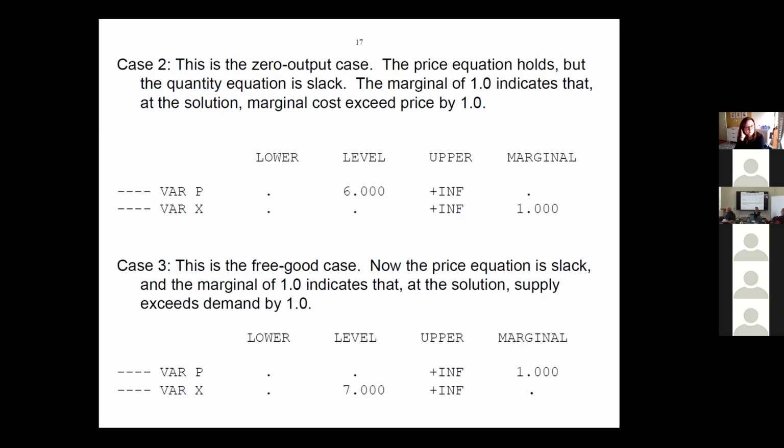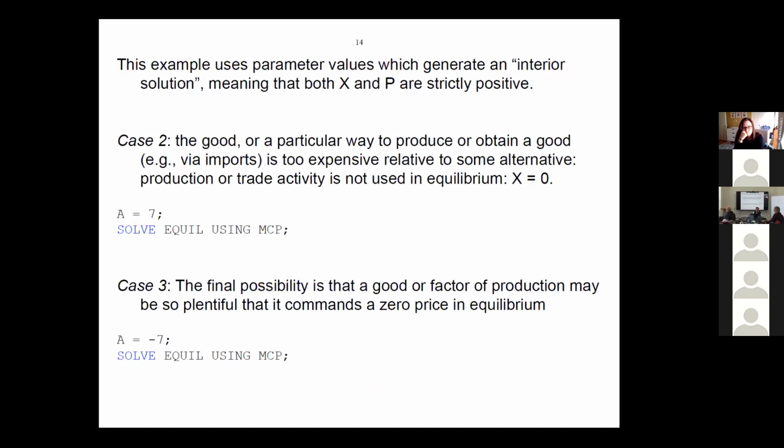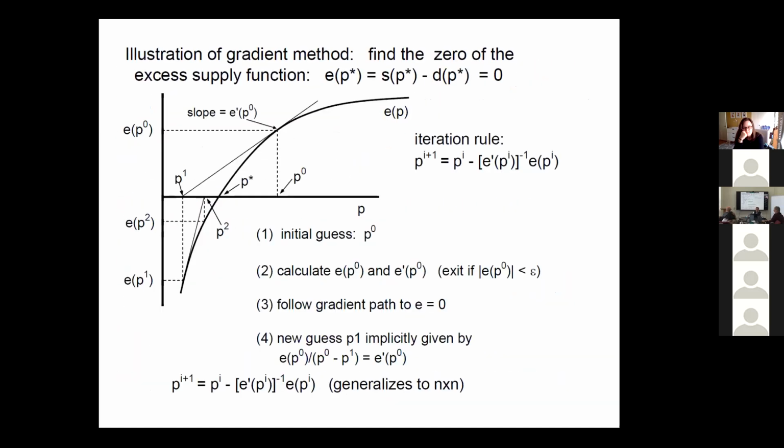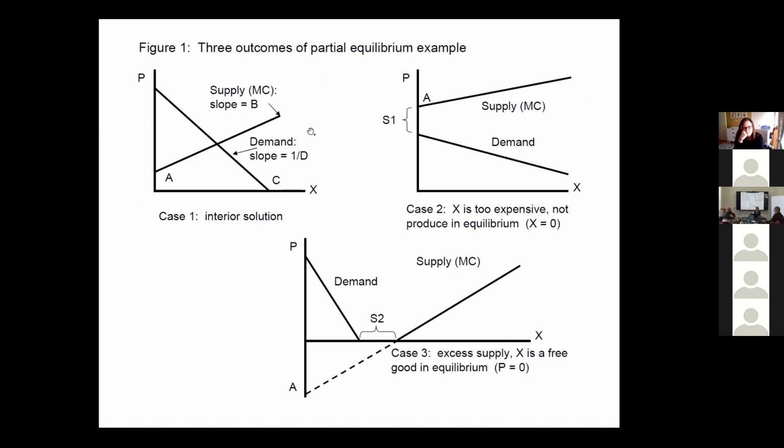The marginal is positive, indicating that marginal cost is greater. So what is this marginal in the model? Well, it's exactly this S value. It's marginal cost minus price at the solution. So S1 has information. It is telling you how unprofitable that technology is at the solution.